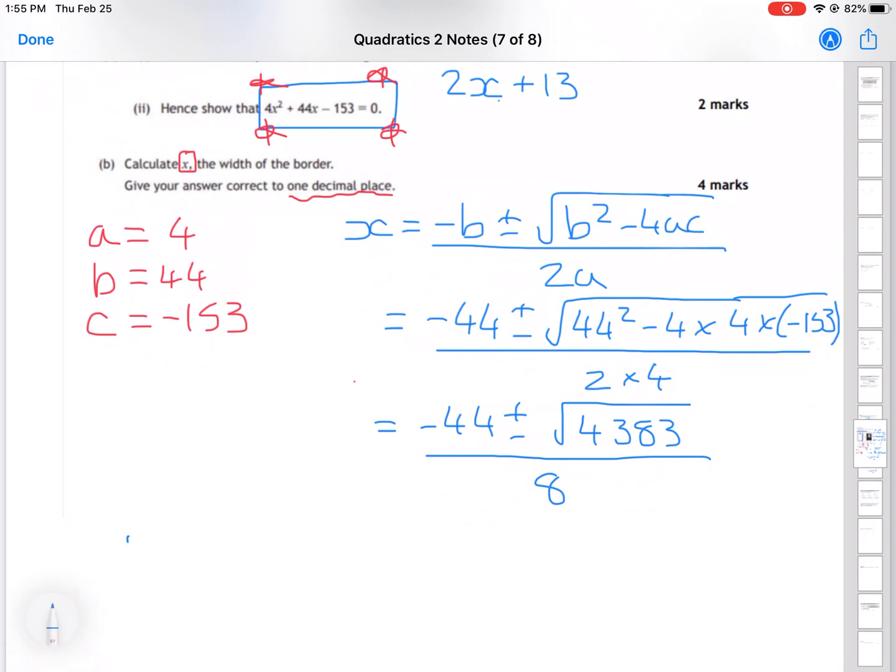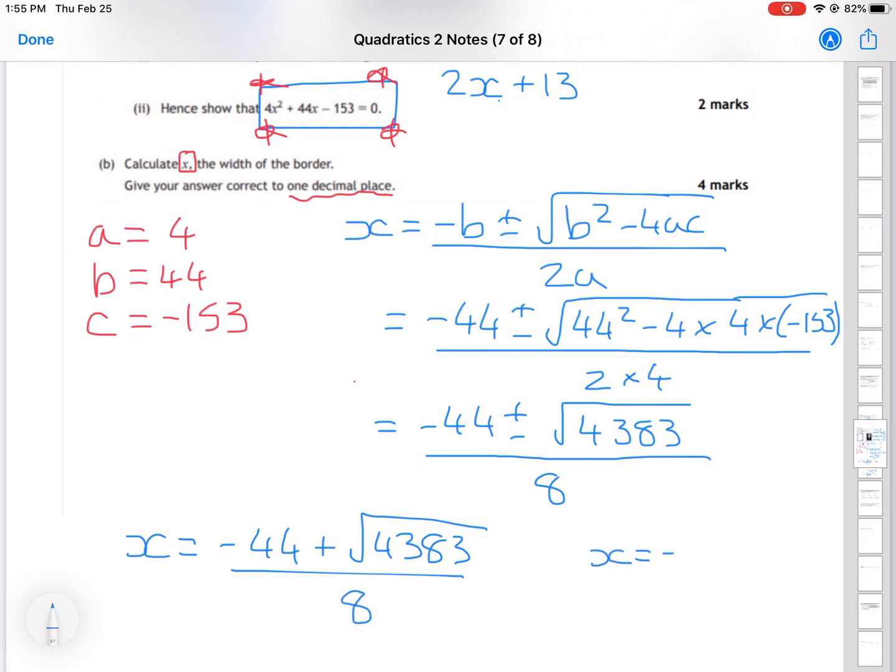Okay, so one x value, one possible, is negative 44 plus root 4383 all over 8. And the other possible value is negative 44 minus root 4383 all over 8.